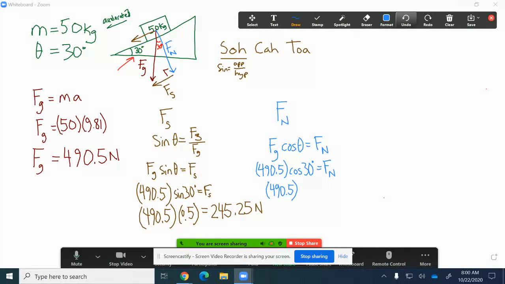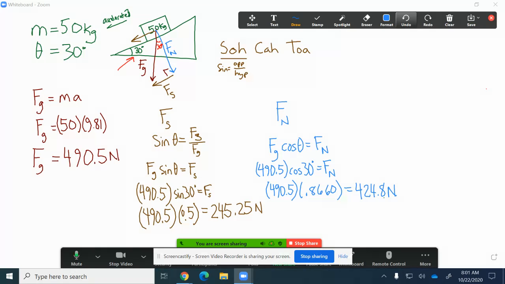Cosine 30 degrees is 0.8660. 490.5 times 0.8660 equals 424.8 newtons.